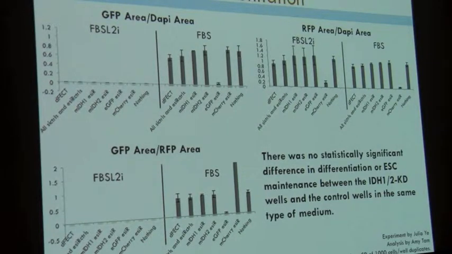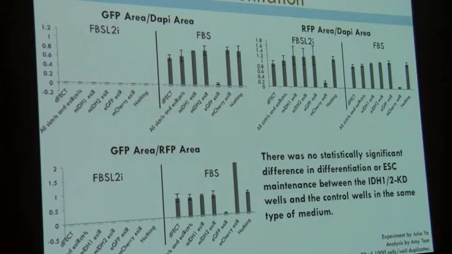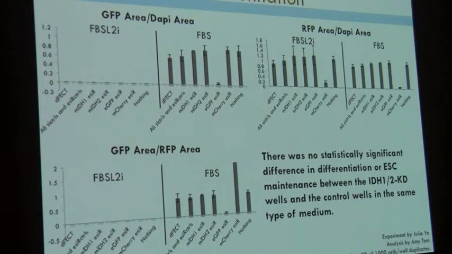As expected, the cells that were not differentiated had very little green fluorescence, and our other controls behaved as expected. There was no real difference in differentiation or ES cell maintenance between the IDH1 and 2 knockdown samples and the control samples in the same conditions.